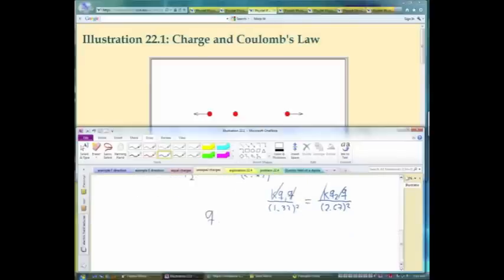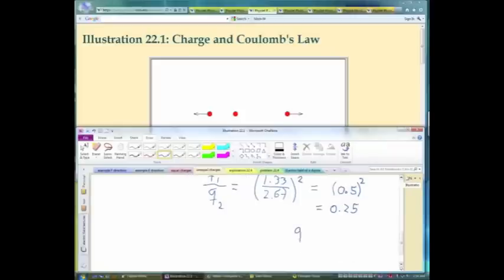And you end up with Q1 over Q2 equals 1.33 divided by 2.67, squared. Is that right? So 1.33 divided by 2.67, that looks pretty close to being half, right? 0.5. So that's 0.5 squared, and that is 0.25. So Q1 is equal to 0.25 Q2.